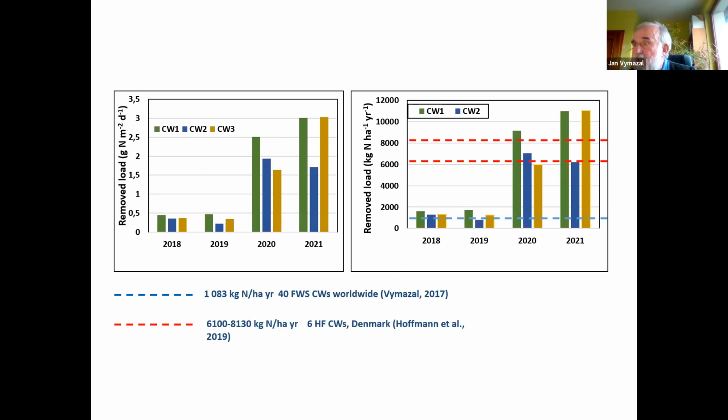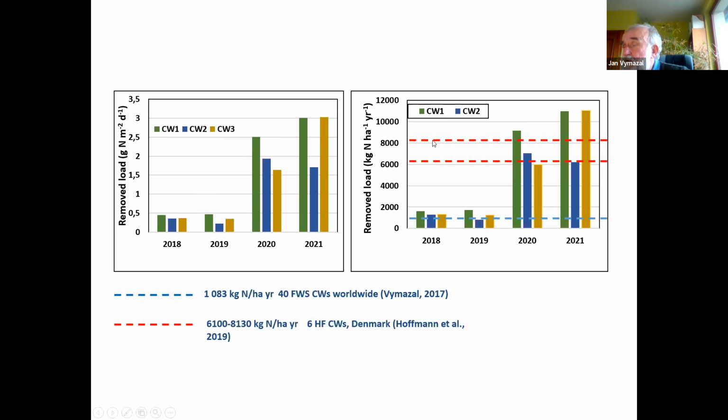So here we have the removed load. There are two numbers, in grams per square meter per day and kilograms per hectare per year. And here I marked the red dashed line. The blue dashed line shows the average, which I more or less calculated from 43 surface water constructed wetlands worldwide.